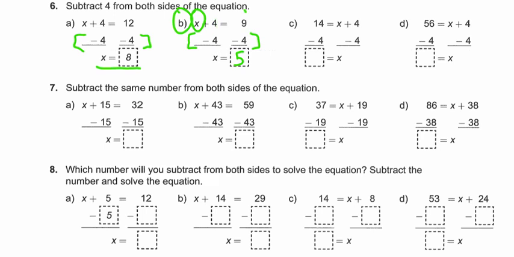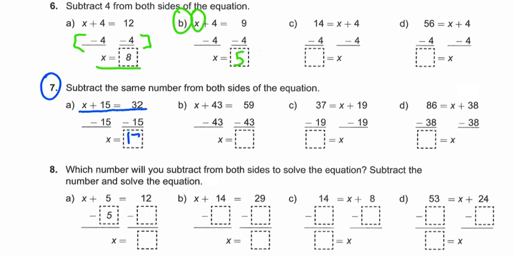Just going to get rid of some of those lines. Let's look at number 7. I'm just going to change up the color here for a second. This one says subtract the same number from both sides of the equation. So x plus 15 equals 32. We need to subtract 15 from both sides. What's 32 take away 15?